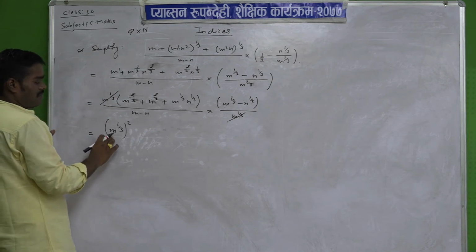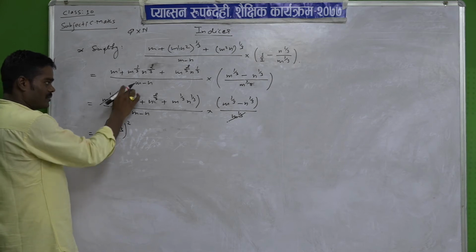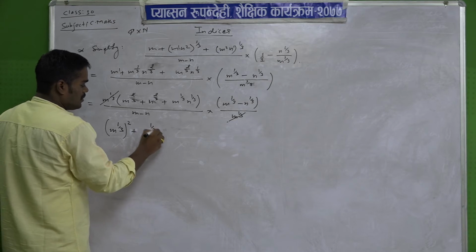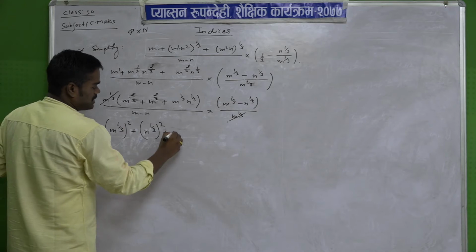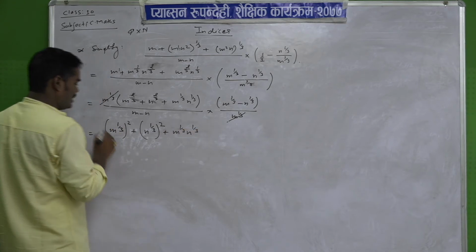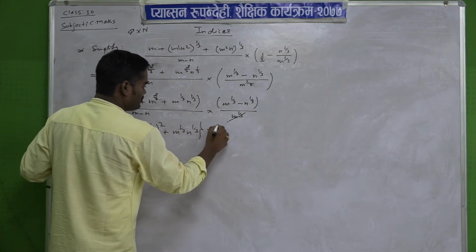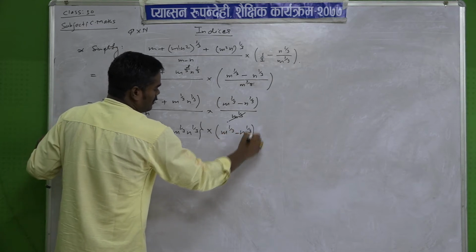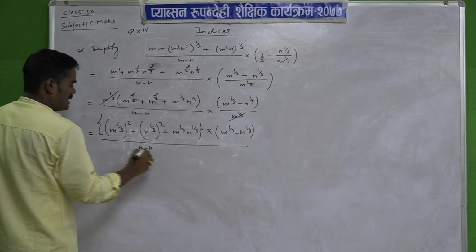So, it became m power 1 by 3 whole square, again see 2 1 ja 2, so became 2 by 3. Likewise, this also m power 1 by 3 whole square, 2 1 ja 2, plus m power 1 by 3 n power 1 by 3 like this, into m power 1 by 3 n power 1 by 3 whole upon m minus n.